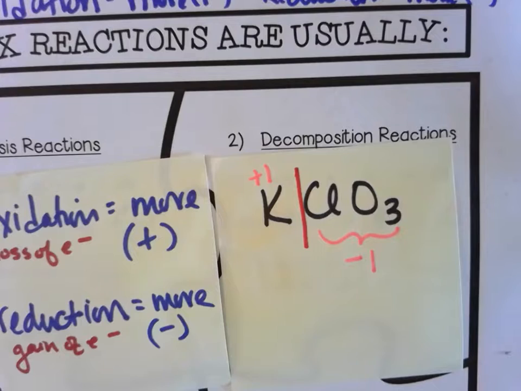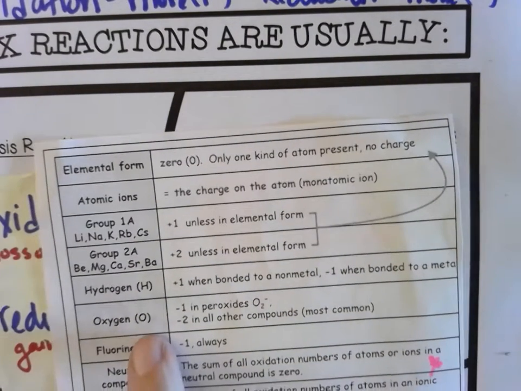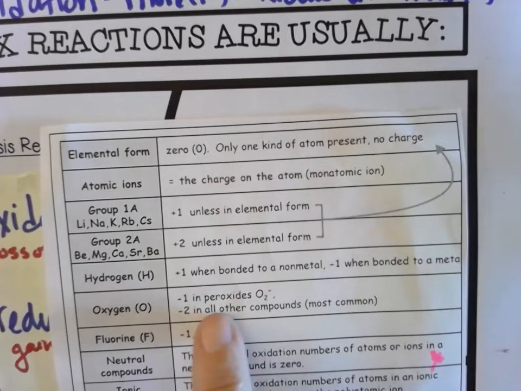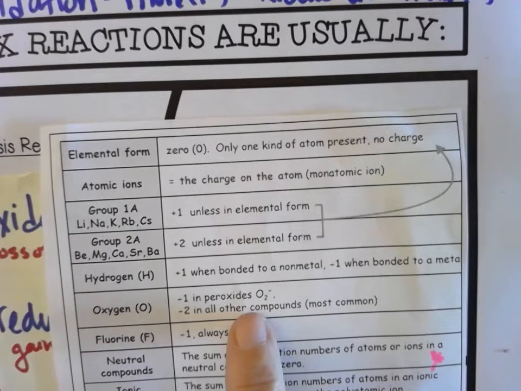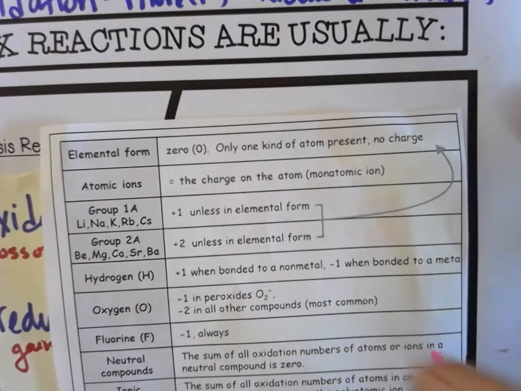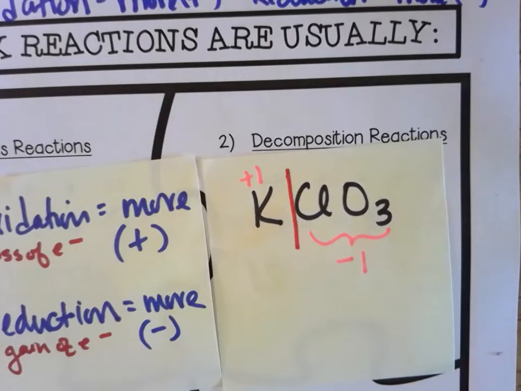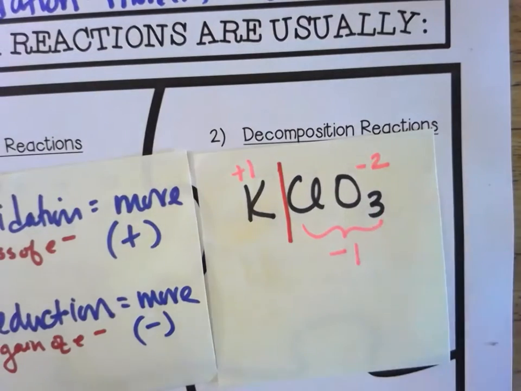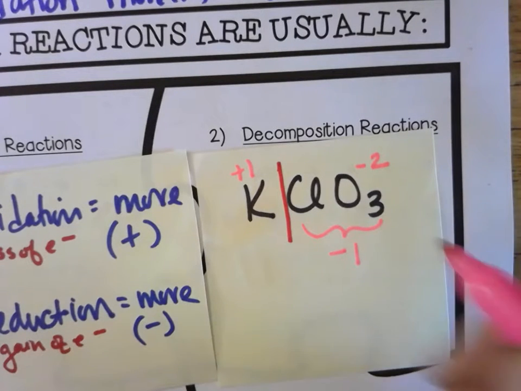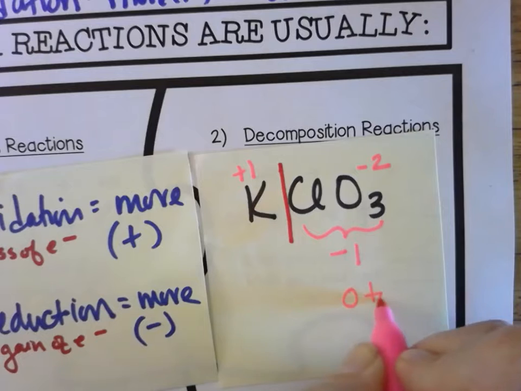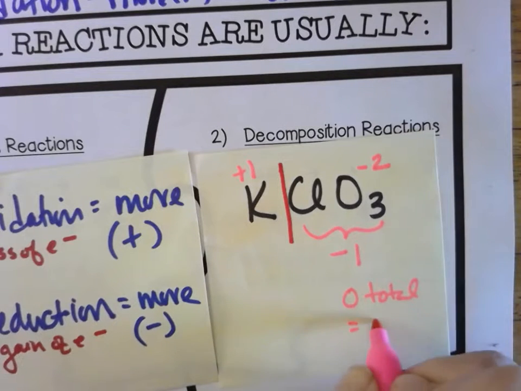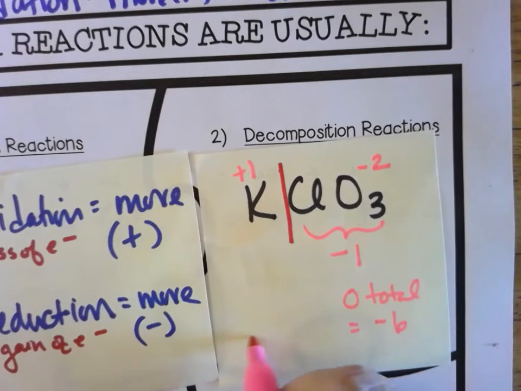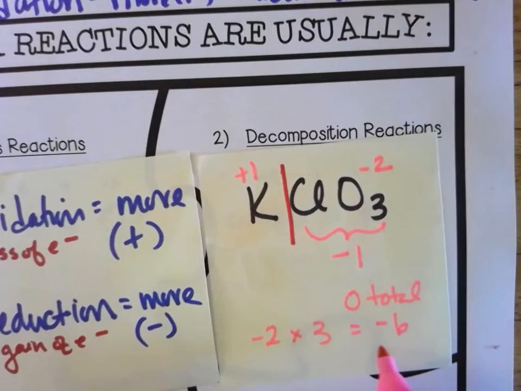Well, we know here that oxygen is -2 unless it is a peroxide, and this is not peroxide. So the 2- is for the oxygen. But there are 3 oxygens. Therefore, the O total is equal to -6 because I have -2 times 3 of them for a total of 6-.